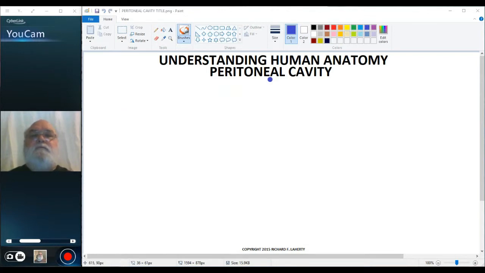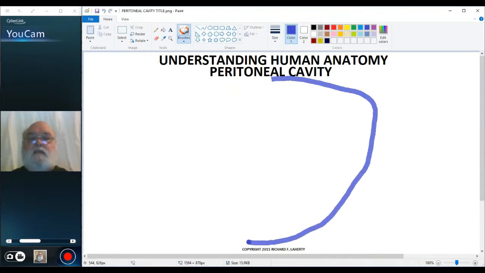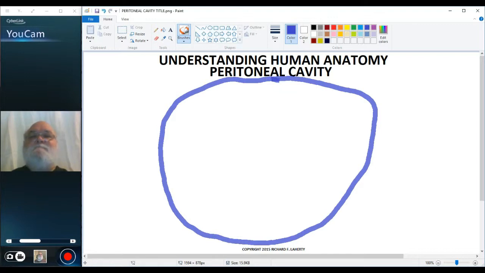So we'll start by sketching in the exterior of the embryo. Put in a vertebra, like so.